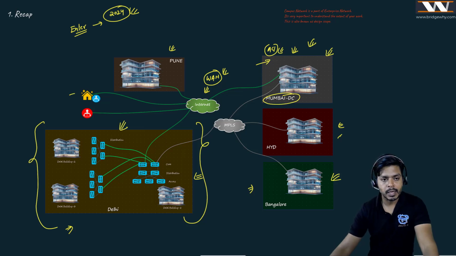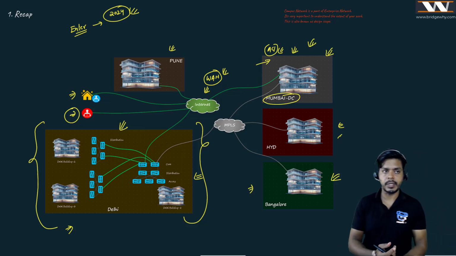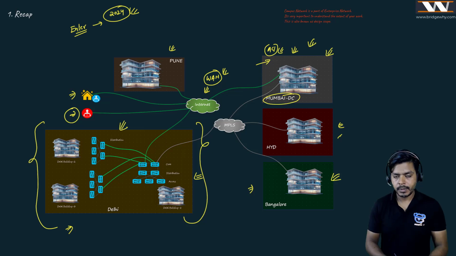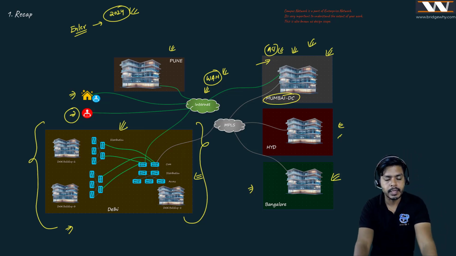Why am I having this house here? Because I want connectivity from my home. Why is this guy here? Because this guy is the customer of Sports India and he wants to access the website of Sports India, right? We discussed a lot of requirements with respect to all these things, right? So this was a little recap.